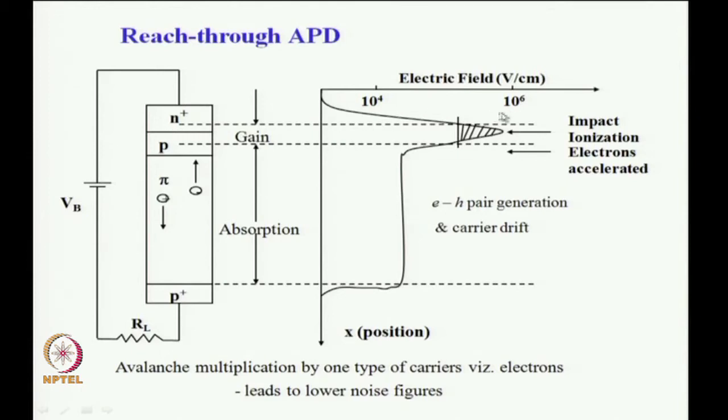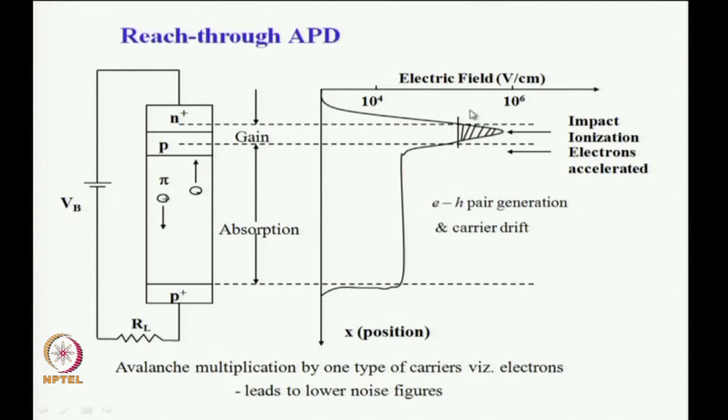Therefore, if we plot the electric field variation in this direction, the electric field rises rapidly and is very high around this junction. The peak value is approaching 10 to the power of 6 volts per centimeter. So, this shaded region is where the electric field is above 10 to the power of 5 volt per centimeter, where the avalanche process takes place.